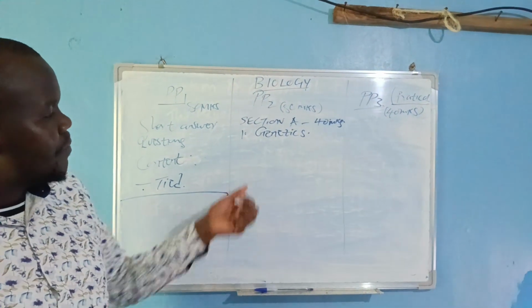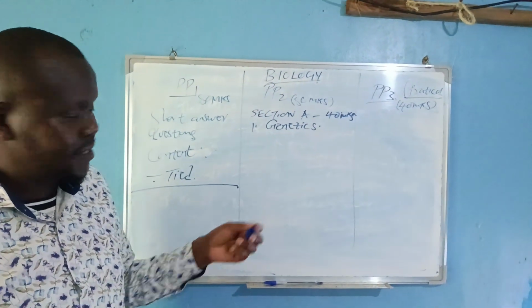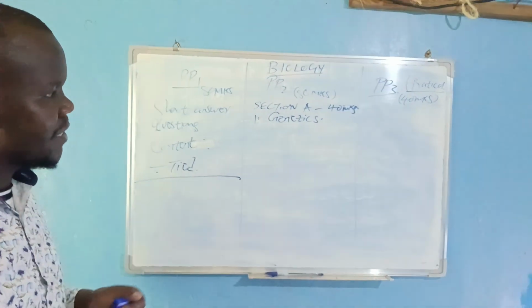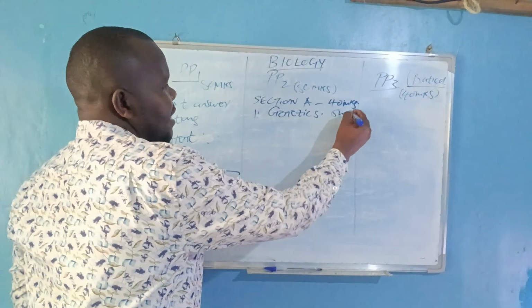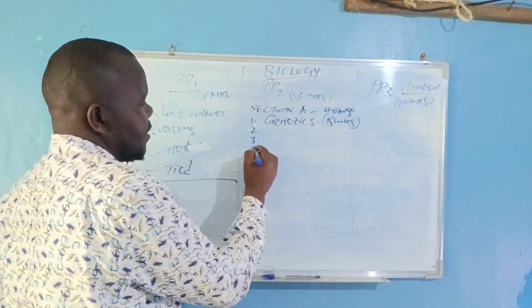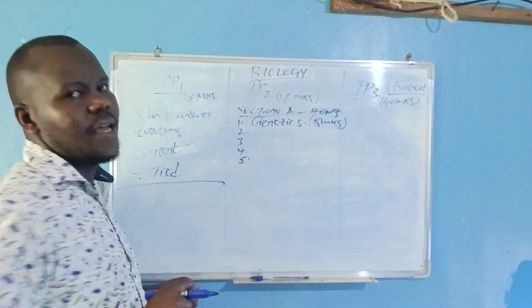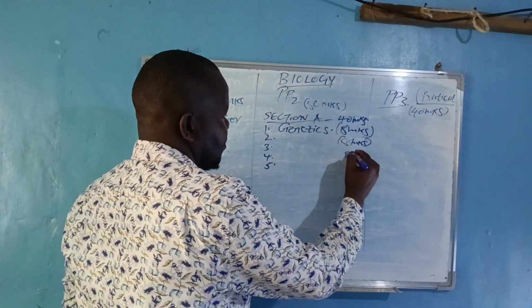Genetics has always been tested as part of section A for the last 20 years, so the probability of it replicating this year is very high. Then we have 5 questions, each taking 8 marks.